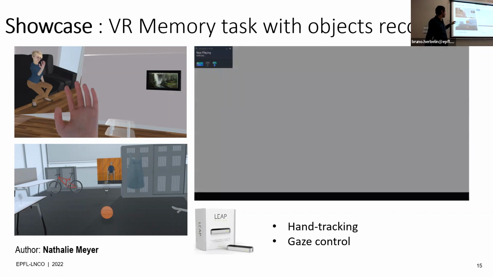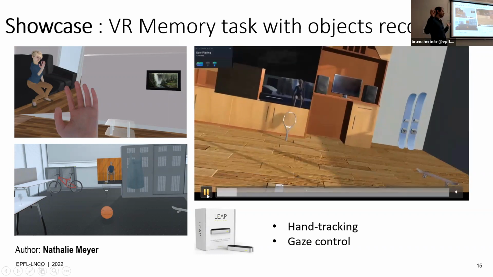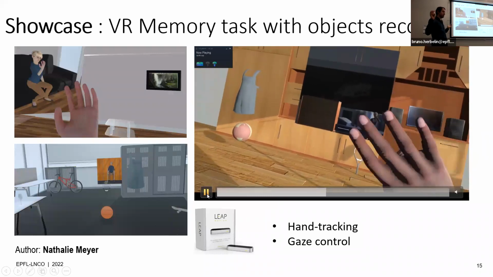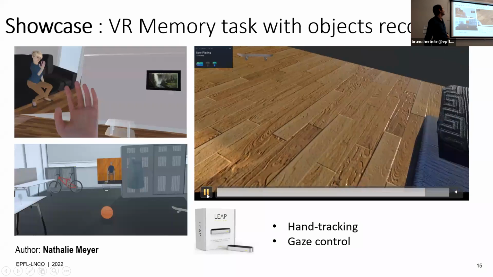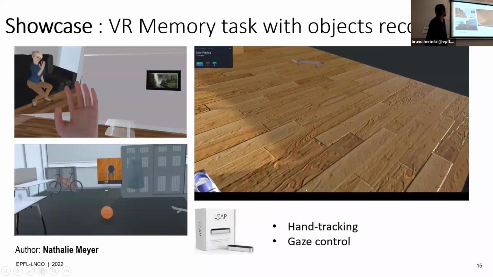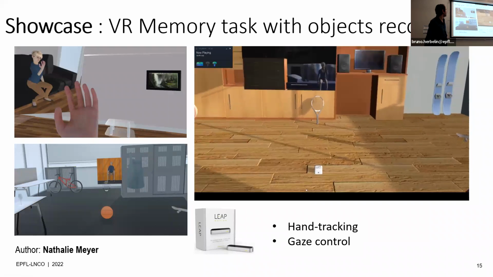From the gaze, we're able to look at objects and recognize them. It's still a memory task, and you have to say later if the object was in the room or not. That is a very old video, I don't have many of these experiments, but it's just to showcase the avatar tracking.